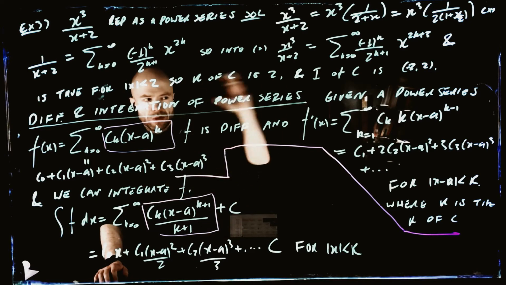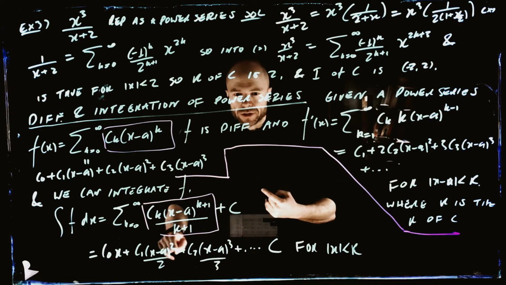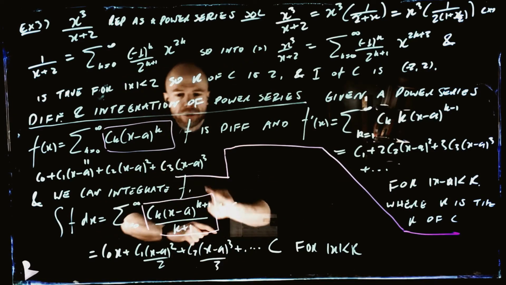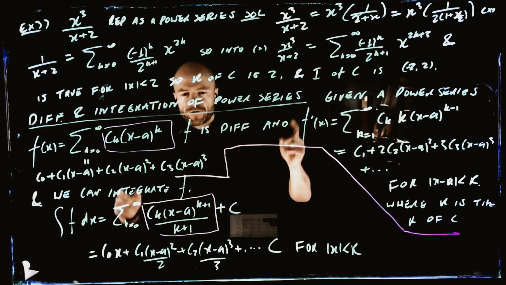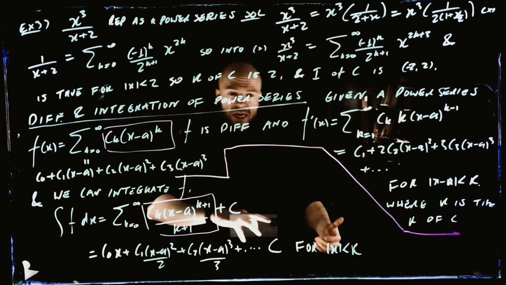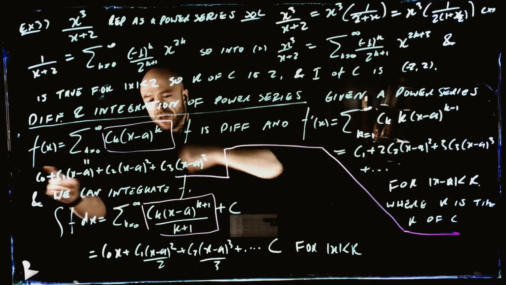So that, as you're going to see, is going to give us many powerful consequences. But we're going to start with just using this to represent a wider class of functions. Because once we have a function that we can either integrate or differentiate to turn it into this algebraic form 1 over 1 minus x, then we can put it as a power series, and then we can go backwards to get back to where we started.